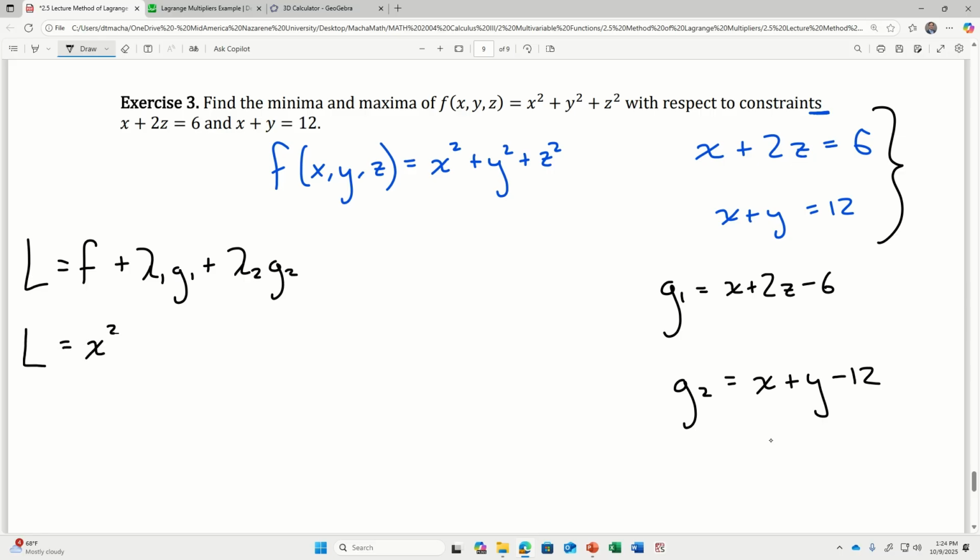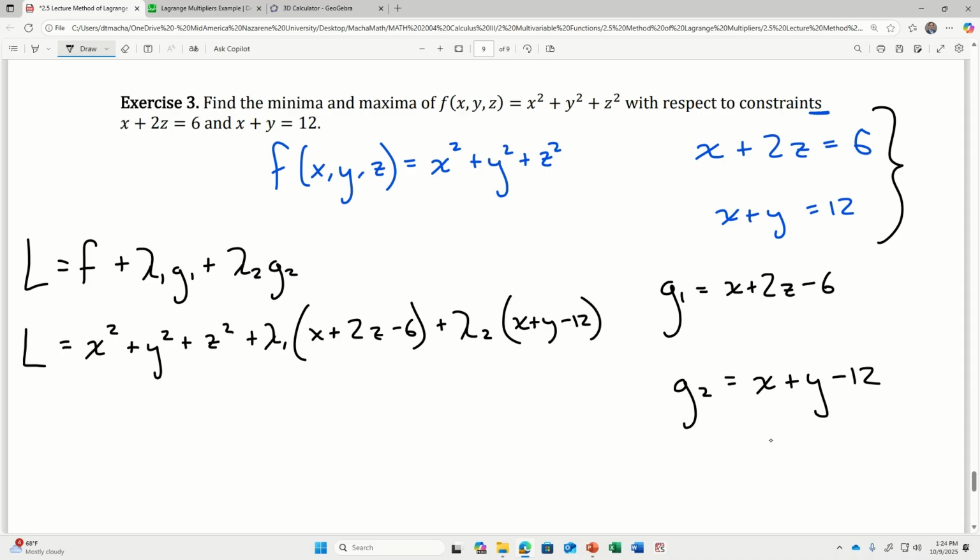I'm going to take my f function, add to it lambda 1 times my g function, add to that lambda 2 times my g2 function, and that's the Lagrange function.